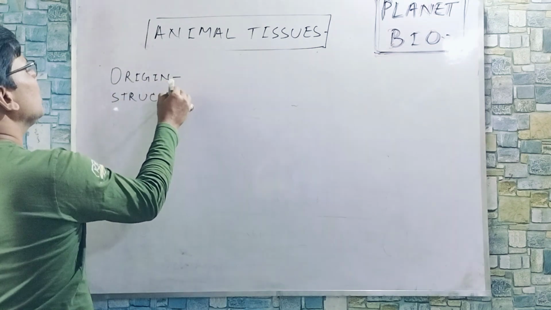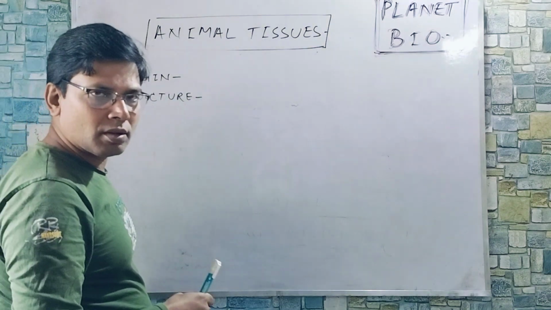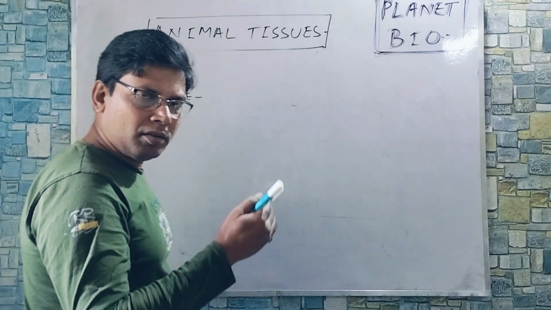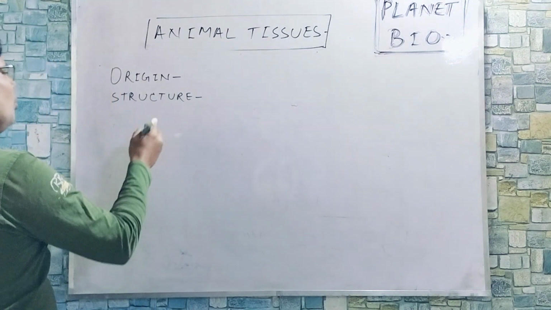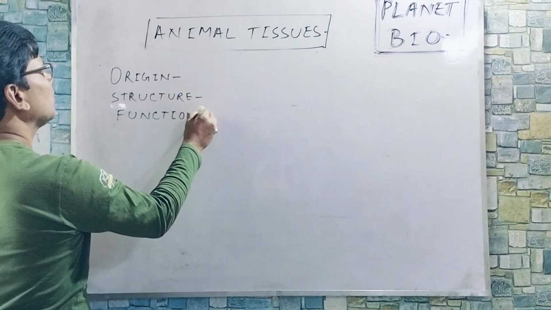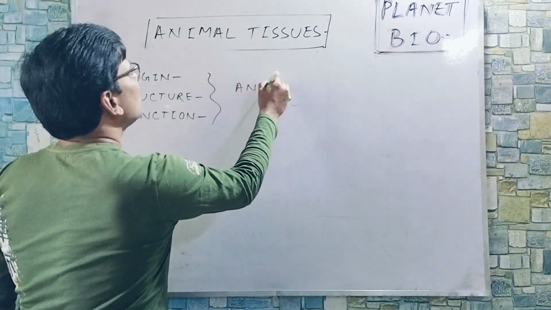Three things play an important role in developing right concepts of biology and taking MCQs, multiple choice questions, as challenges. Origin, structure, function of anything you should study properly. I am talking about animal tissues, right?